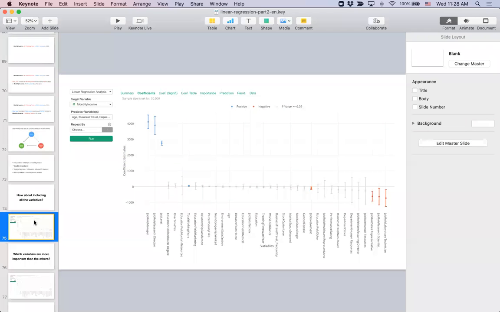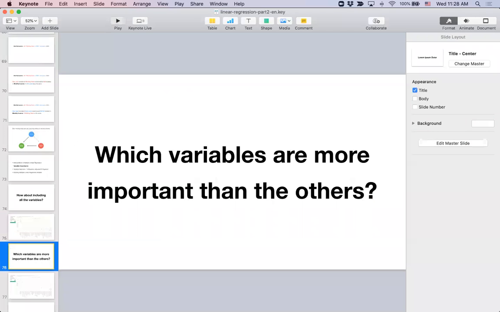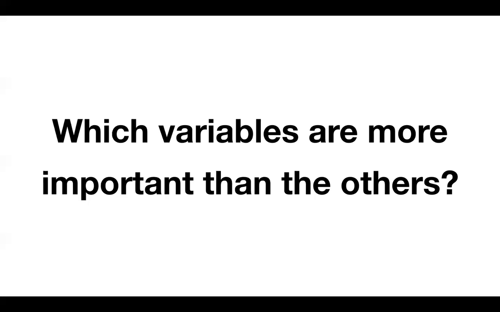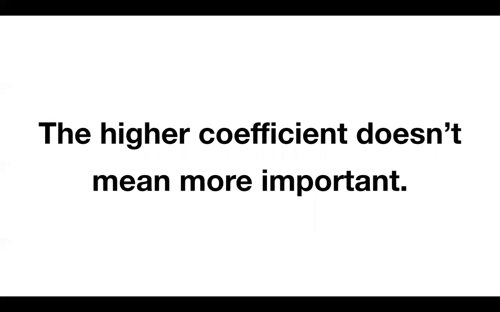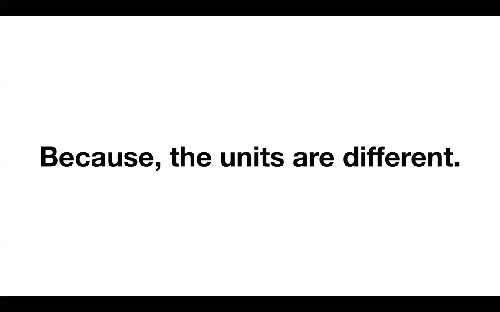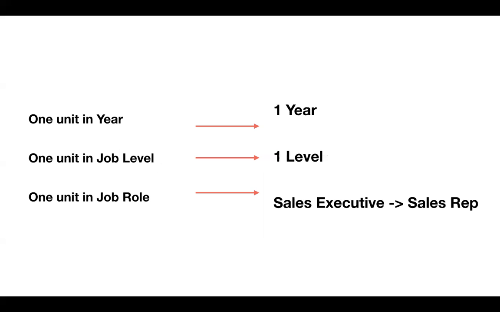Why I'm saying this is because what we're naturally doing is trying to understand which variables are more important than the others, right? But a higher coefficient doesn't mean more important, because the units are different. What does that mean?